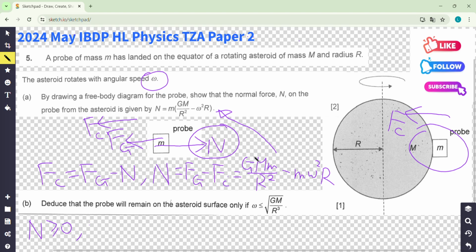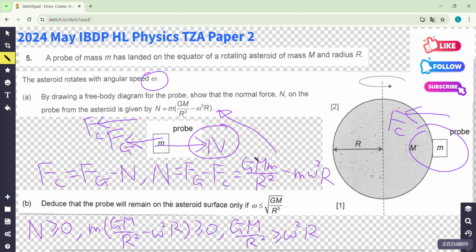So copy it: GMm over r squared minus m omega squared r must be larger than or equal to 0. Move omega squared r to the right hand side, so GM over r squared is larger than or equal to omega squared r.